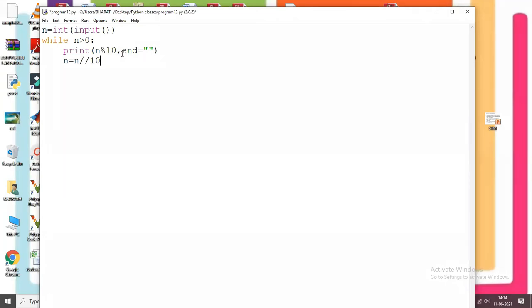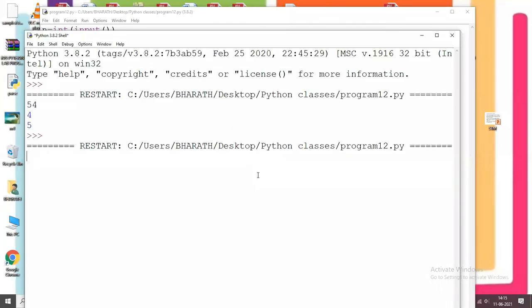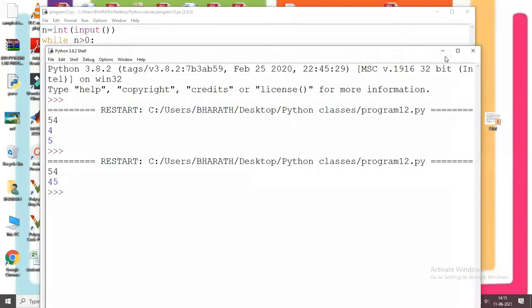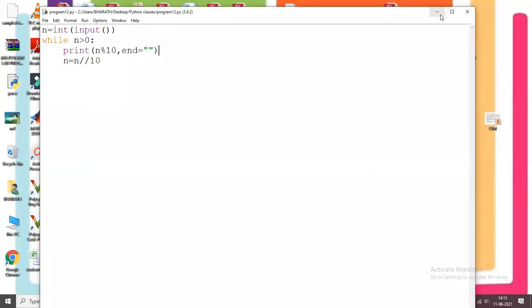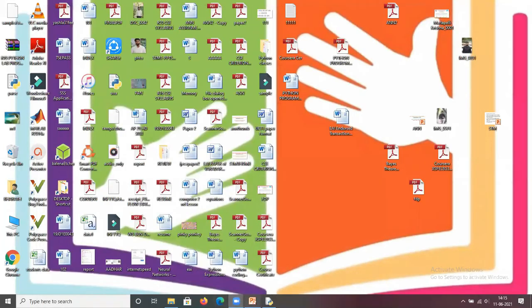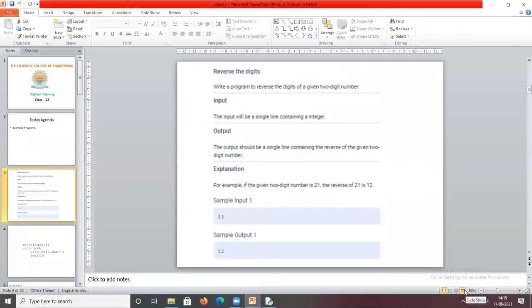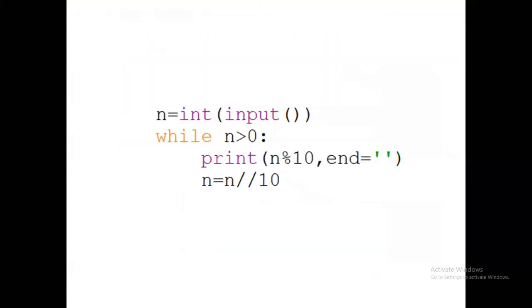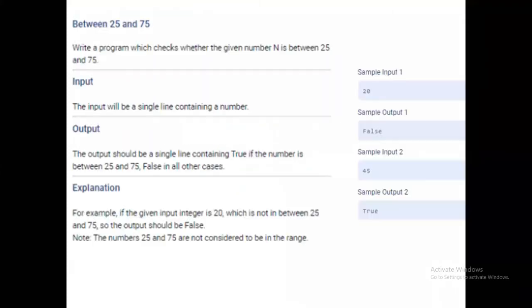Here I write end. Now if I give 54, 45 is the answer. So this is the answer.